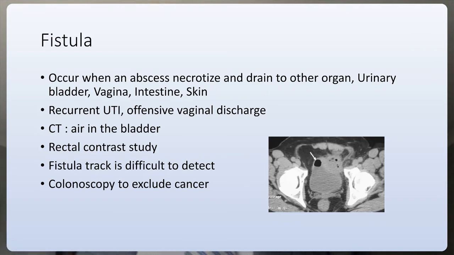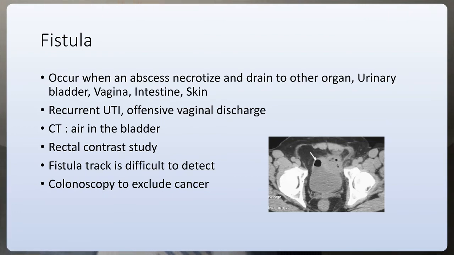Now, the most common one that we see is colovesical fistula. These patients tend to have recurrent UTI, and particularly in a male patient who had a history of diverticulitis with recurrent attacks of UTI. Also in women, if there is vaginal discharge, they will be able to tell you as it looks like fecal matter and smells bad, and that will bring to your attention the possibility of having a colovaginal fistula.